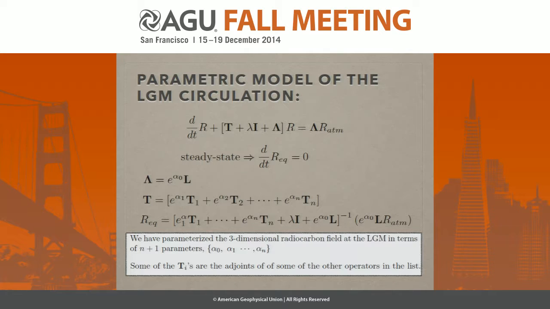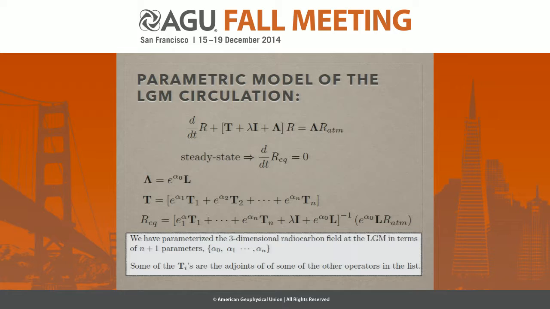I ran a whole bunch of general circulation models with different surface forcings, different mixing and different subgrid scale parametrization, and let them run out to equilibrium dynamically. And then I reconstructed the annual average advection diffusion tracer transport. Now I'm just going to take a linear combination of these advection diffusion operators with some weights out in front, these e to the alphas here. And I'm going to try to use the radiocarbon data to fit these weights.